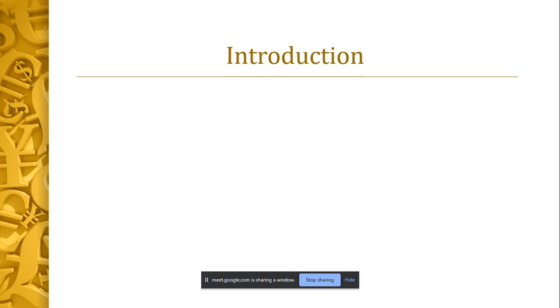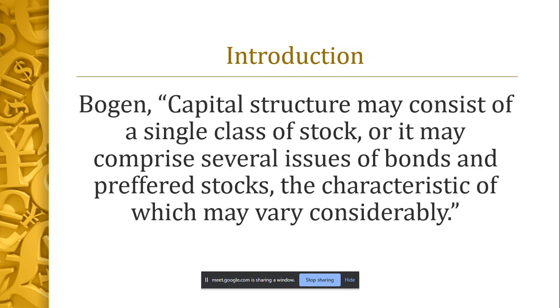Now, if at all you need a definition regarding capital structure, one of the scholars called Vaughan has given a very simple definition which entails the entire meaning of capital structure.